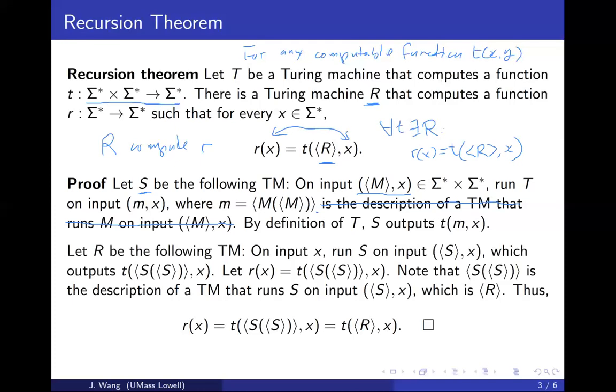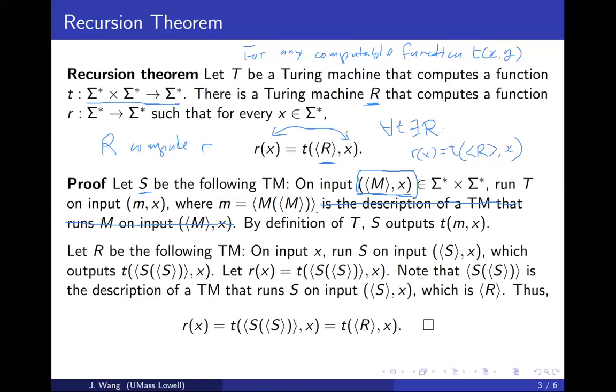So once again, S is a Turing machine that takes an input which is a pair of two items. The first item is an encoding of a Turing machine. The second is just an input to that Turing machine.